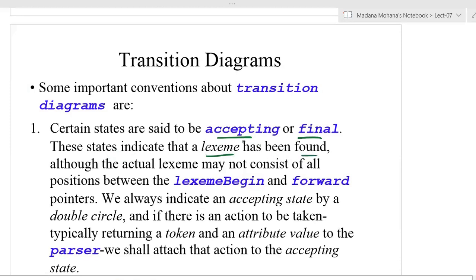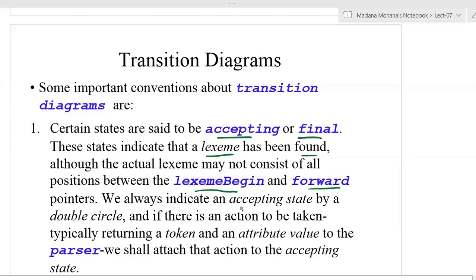So whenever it reaches an accepting or final state in the transition diagram for recognition of tokens, it indicates that the lexeme has been found. That means the token is automatically identified. Although the actual lexeme may not consist of all the positions between the two pointers, lexeme begin and forward.